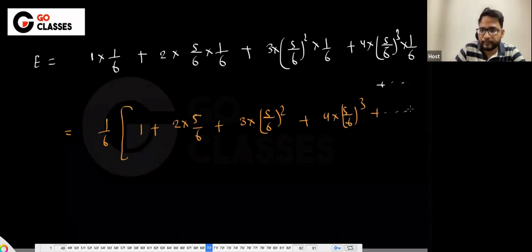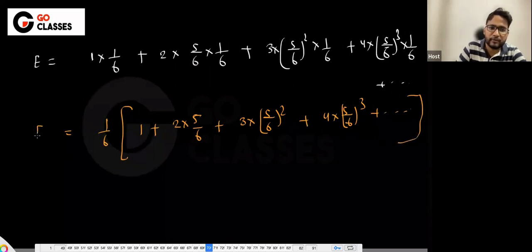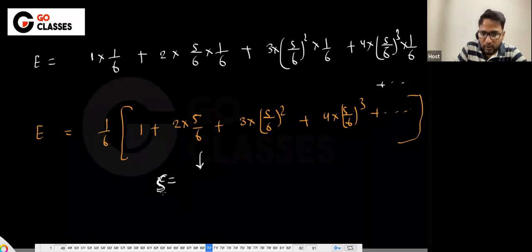Okay, this is the expected value. Let's find the series summation. I think it is an AGP, no? 1, 2, 3, 4. This is an AGP. So can anyone tell what the answer will be? Let's suppose S equals 1 plus 2 into 5 by 6 plus 3 into 5 by 6 square, like this.